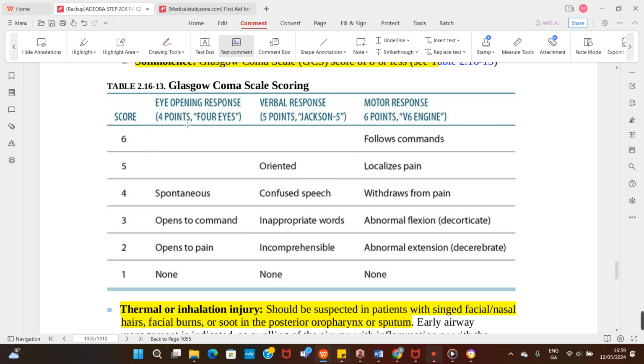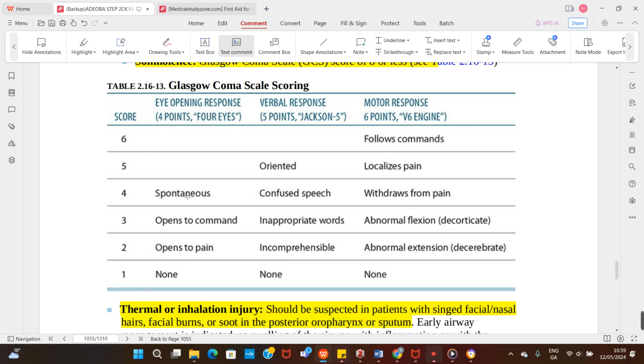So looking at the eye opening, the minimum the patient can get is actually 1, for a total of 3, and the maximum the patient can get is 6, which is for motor response. So even if the patient is not reacting at all, the minimum is going to be 3, because the patient gets 1 from eye opening, 1 from verbal, 1 from motor.